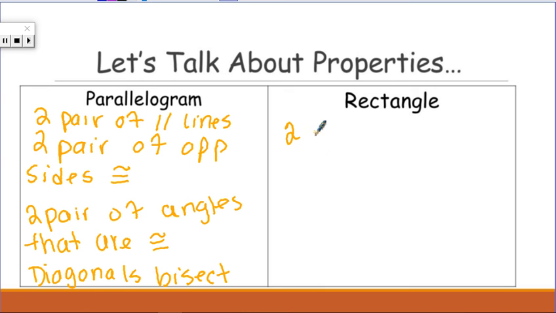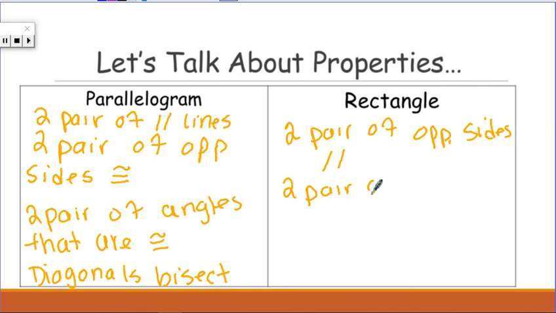Okay, the rectangle has all of the same properties. So you have 2 pairs of opposite sides that are parallel. And you have 2 pairs of opposite sides that are congruent.